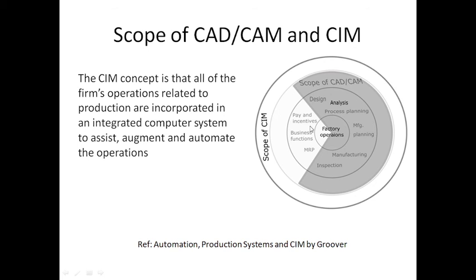And then you have pay and incentives, business functions, material requisition planning. They are some kind of business functions, and all these are within the scope of SIM. That means CAD plus CAM plus other business related or factory management related functions are also part of SIM.